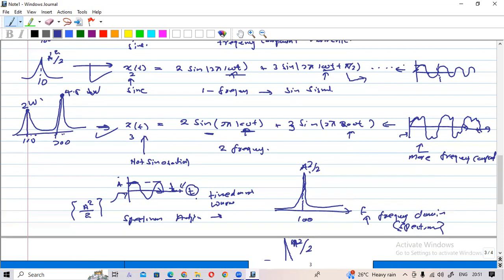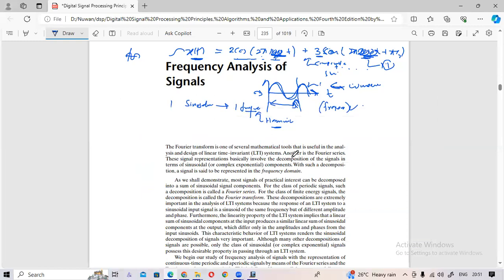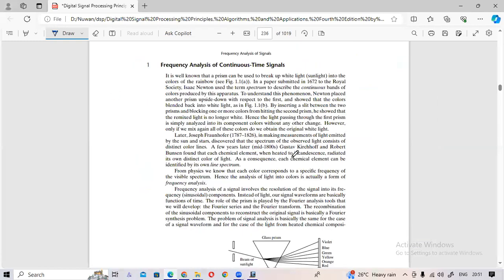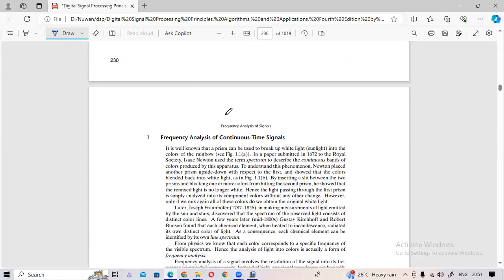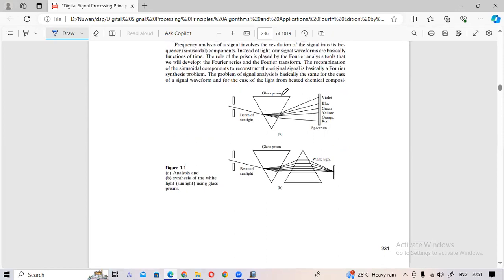Now Fourier analysis said any repeating signal other than sinusoidal has several harmonics, several sinusoidal signals. If it is sinusoidal, only one frequency component is there. It is just like sunlight being sent through a prism.